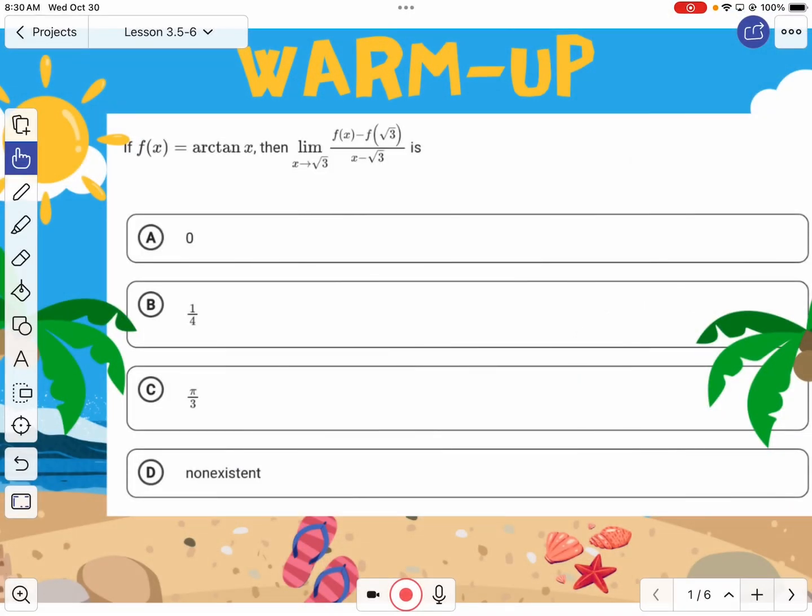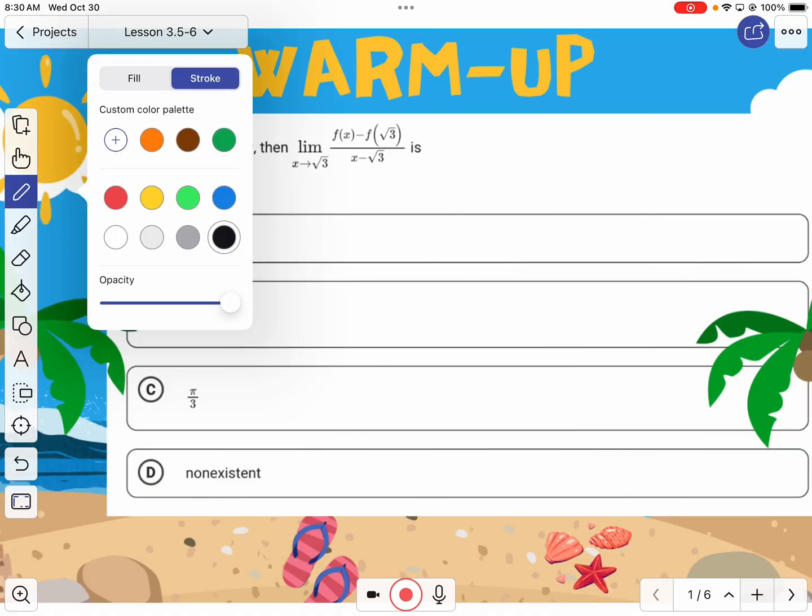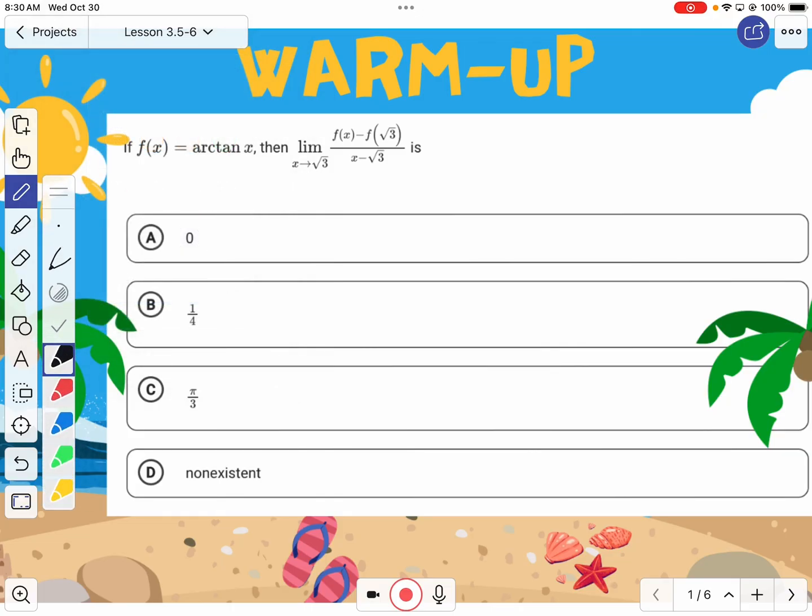Let's look. So yesterday, arctan, inverse tan of x, then find the limit as x approaches the square root of 3 of all that stuff. What's it asking me to do? Find the derivative. Anytime we see that limit, it's asking me to take the derivative. So if y is inverse tan, then dy/dx is going to be 1 over 1 plus x squared.